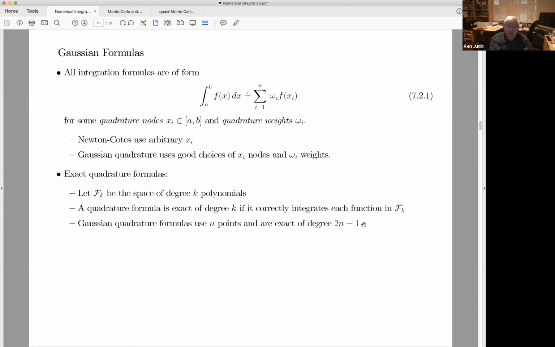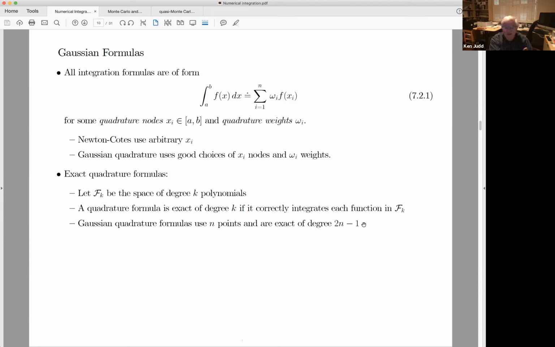So if you have a degree 19 polynomial and you want to know its integral, you know that all the odd degree monomials disappear.